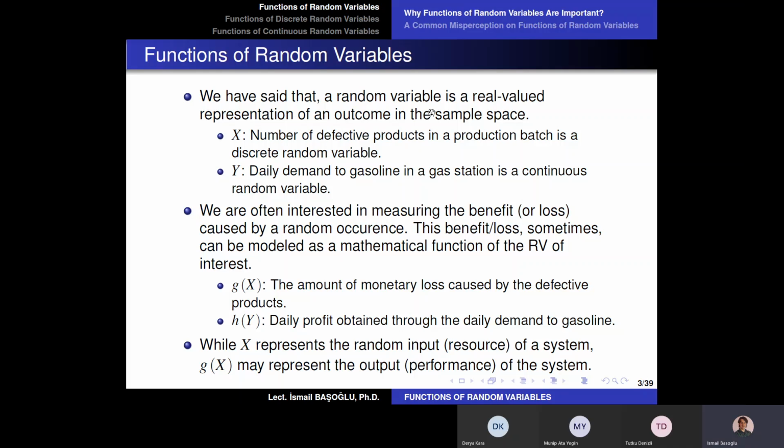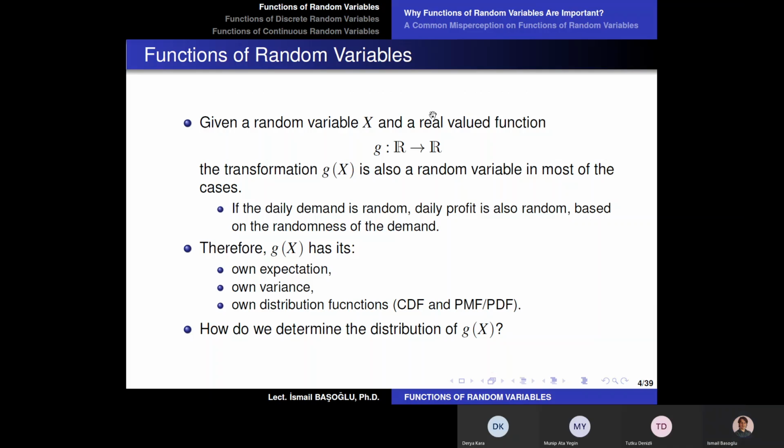Okay? And we are going to be much more interested in the functions of random variables. Okay? So, given a random variable x and a real valued function g, which means from real numbers to real numbers, it's a conversion or transformation of the random variable x. g of x is also a random variable in most cases. Okay? If the daily demand for gasoline is random, then the daily profit is also random based on the randomness of the demand.